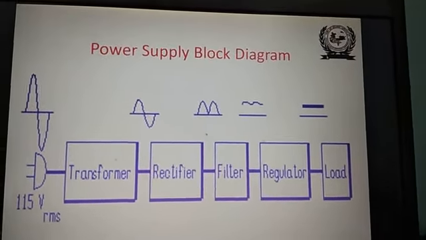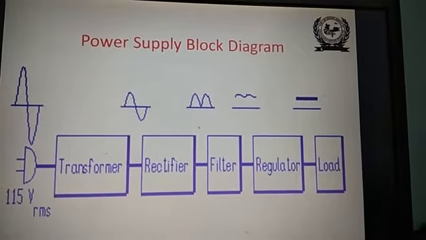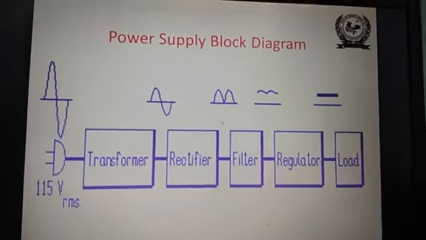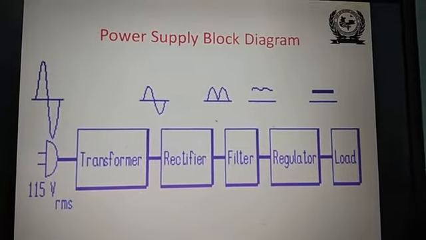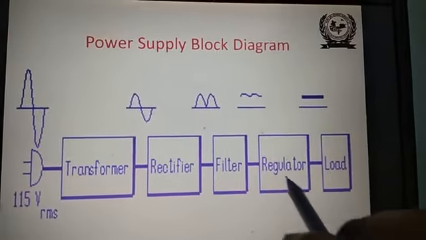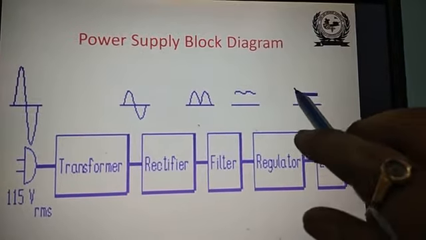Now what is the next step after the filter to get the pure constant DC? That is only the regulator. So we use the regulator here after this filter. And this regulator will provide this constant DC output.